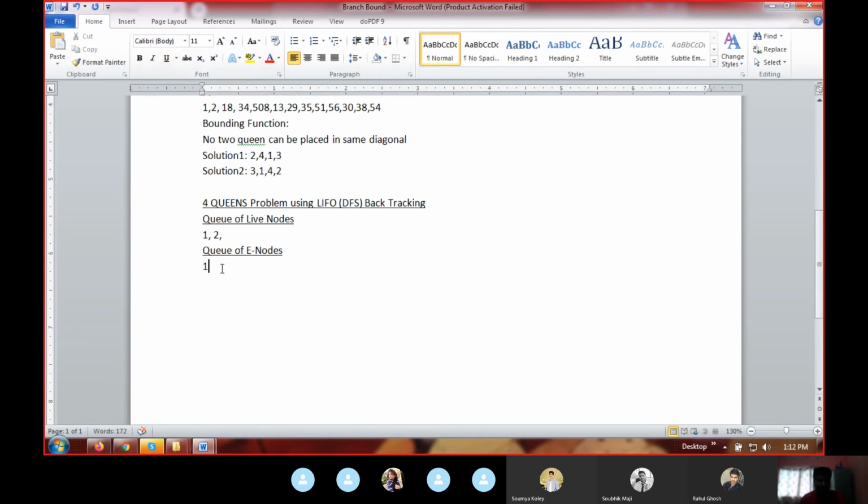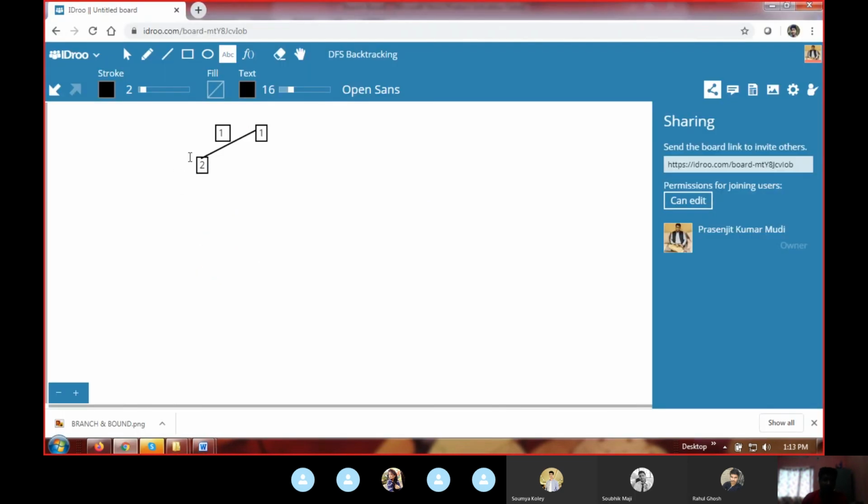As this is backtracking, we were generating node 1, but not all the children of node 1 have been generated. Only one node has been generated, that is node 2, which corresponds to the path x1 equal to 1. So please keep in mind this is DFS.